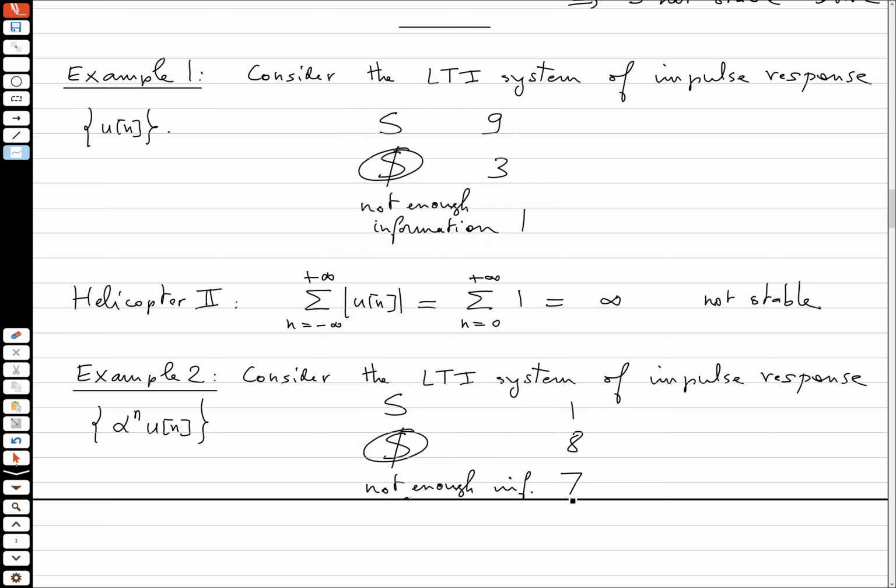When you say not enough information, what do you think? It's negative. Yes. So now we have enough information. That's what you're saying.